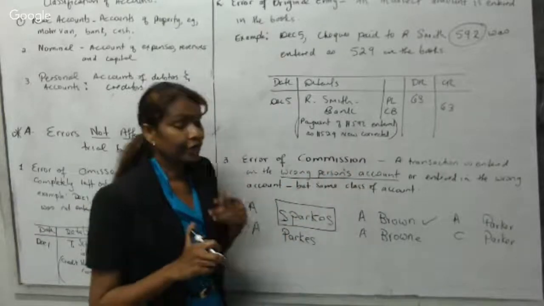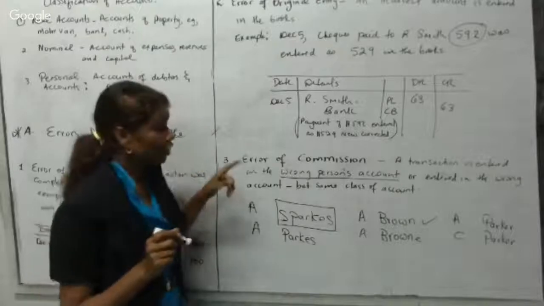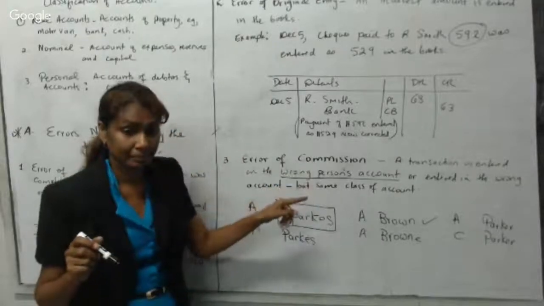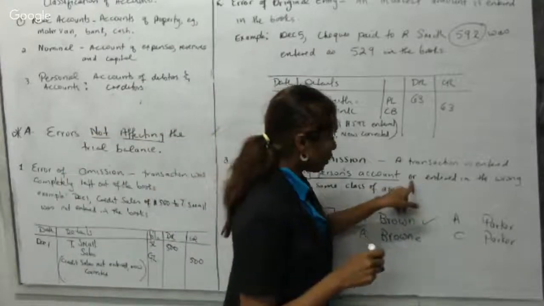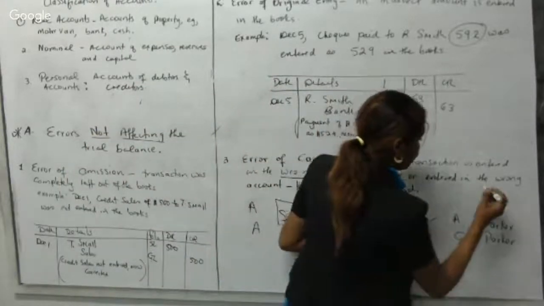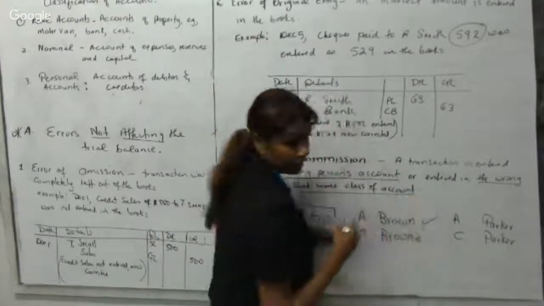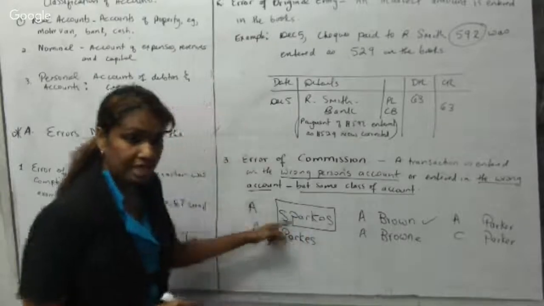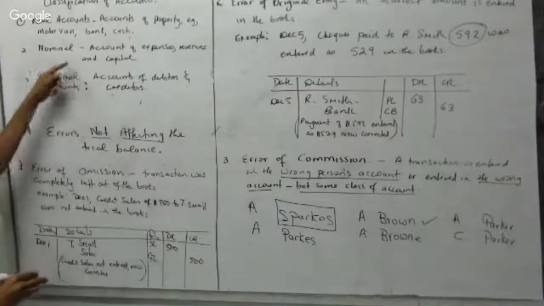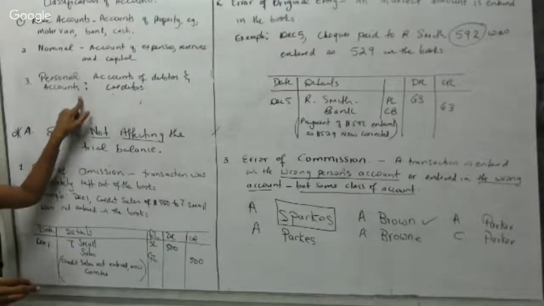Now, I don't want you to believe that an error of commission is only with people's names. It can be with other accounts as well, and this is why I extended it: or entered in the wrong account, but the same class of account. And isn't that what this is? It's entered into the wrong account, but the accounts are the same class because they are both personal accounts.